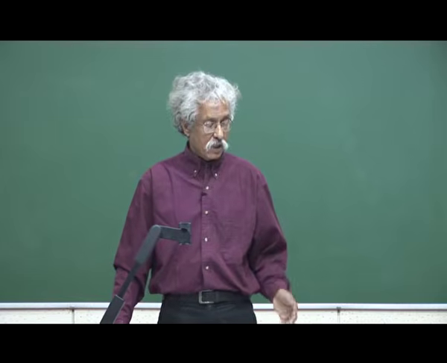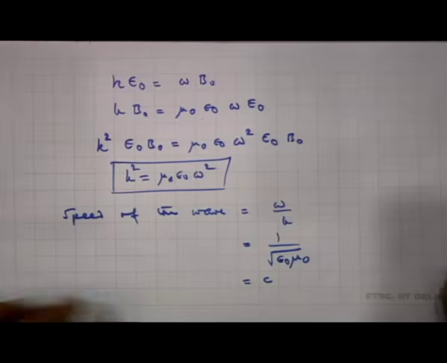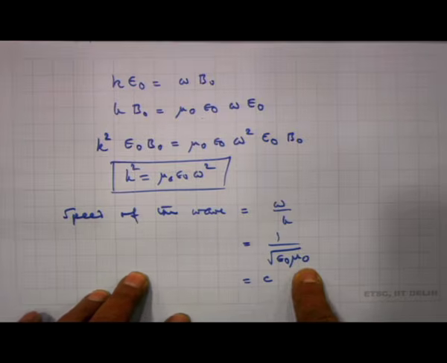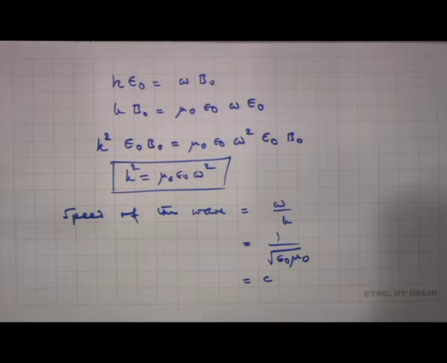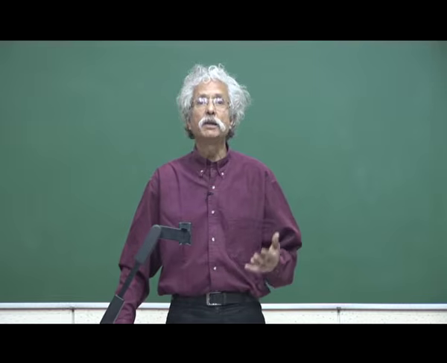And when he found that the speed of the electromagnetic wave is related to the epsilon 0 constant and mu 0 constant, and the value of c which he obtained from this equation was so close to the measured speed of light in free space, he predicted that light must be electromagnetic.